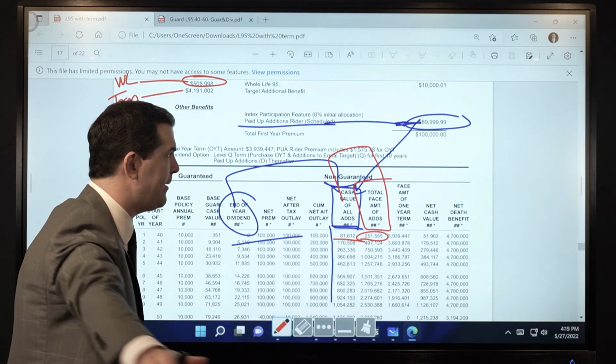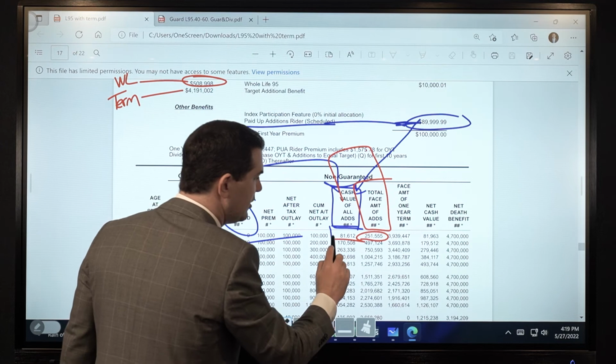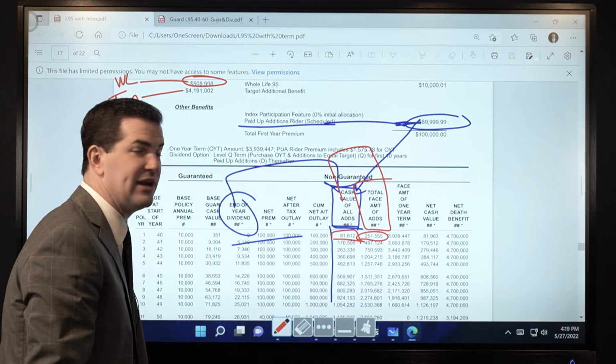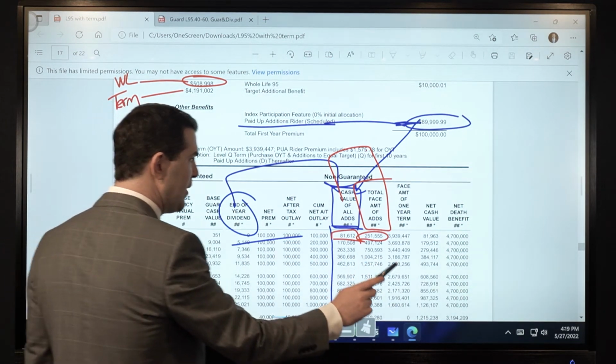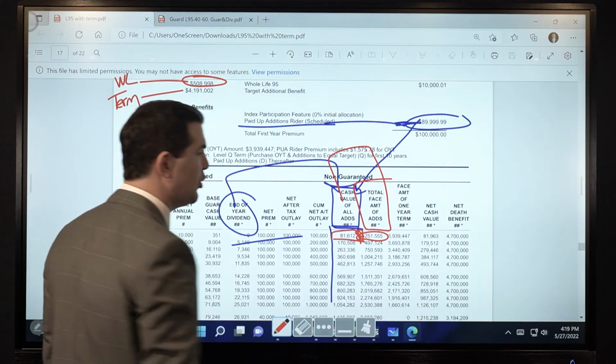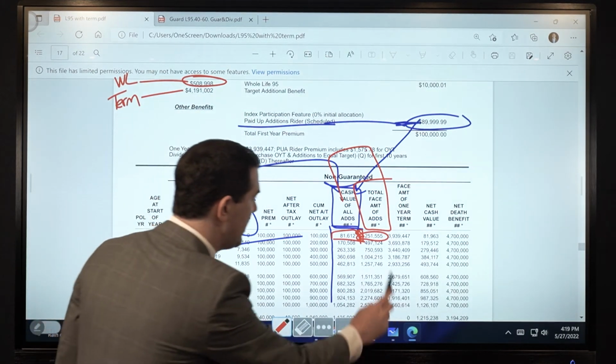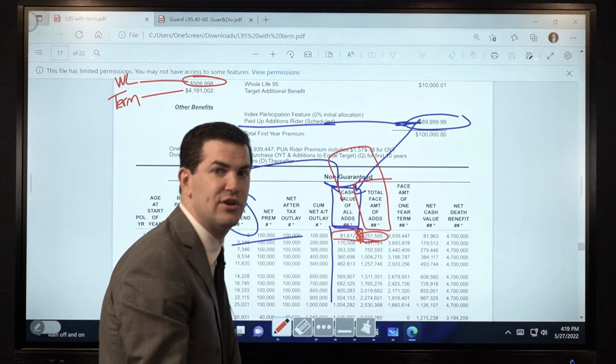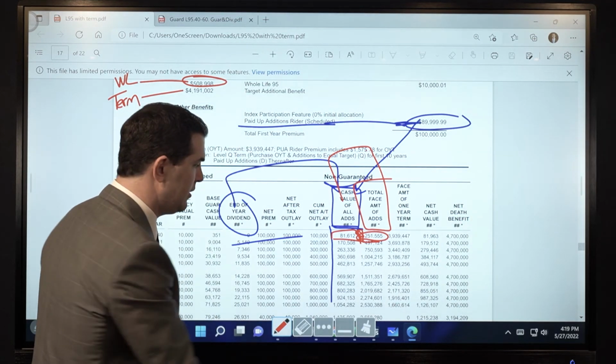So you made a PUA payment. A portion of that went toward the term cost. Just under $82,000 showed up in cash value from the PUA payment. That purchased you, as a 40-year-old male, very healthy, another $250,000 in whole life death benefit.